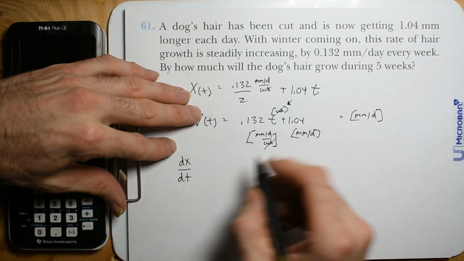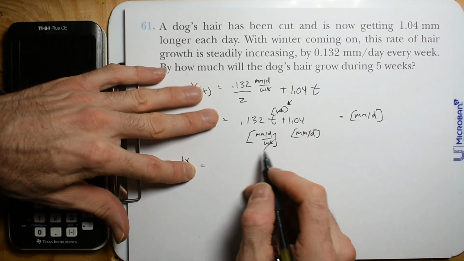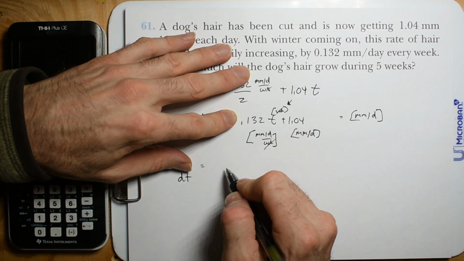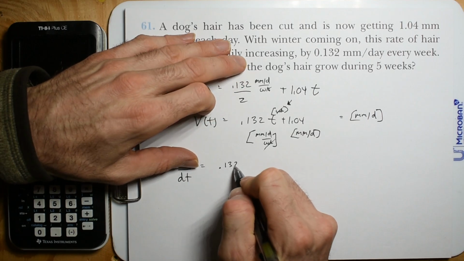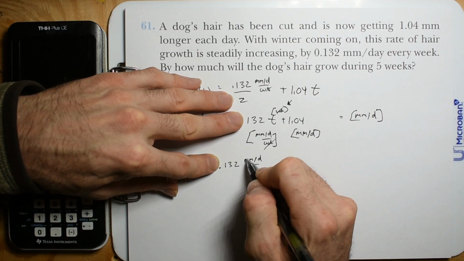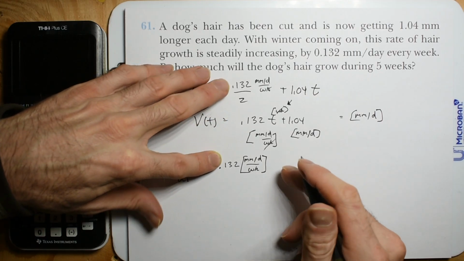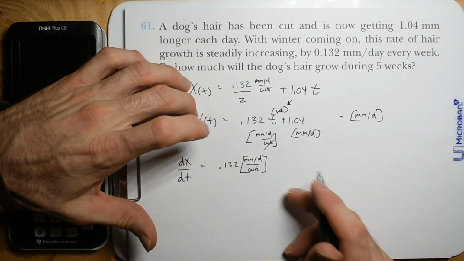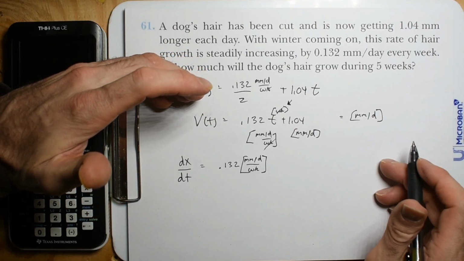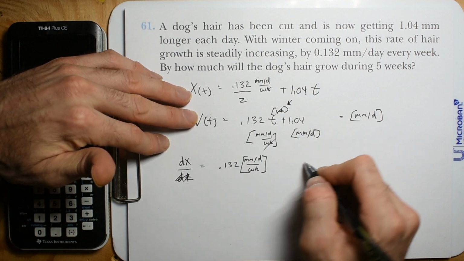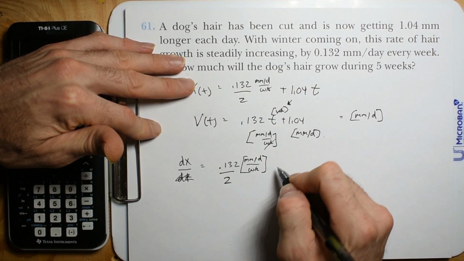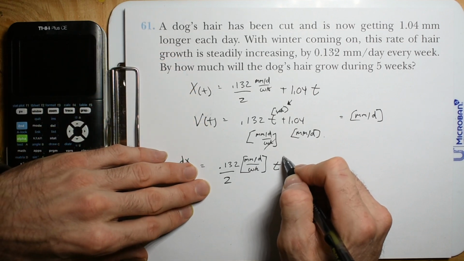Because now when we integrate, we're going to have 0.132. This is still going to be in millimeters per day per week. Let's see what happens. And we're going to separate variables, divide by 2, and then multiply by t squared.